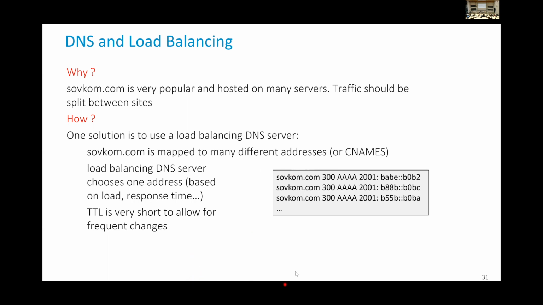So it can control in this way whom you will connect to. And if the TTL is very short, then it can really adapt to the load on the server. So when you go to google.com, you go to a server that's perhaps in Ireland today. If you do it 20 minutes later, perhaps your server is in Zurich. So this will be controlled by the DNS of Google.